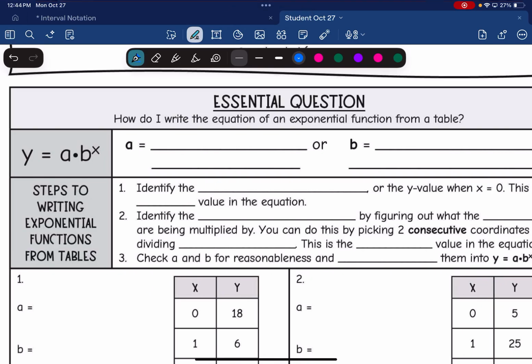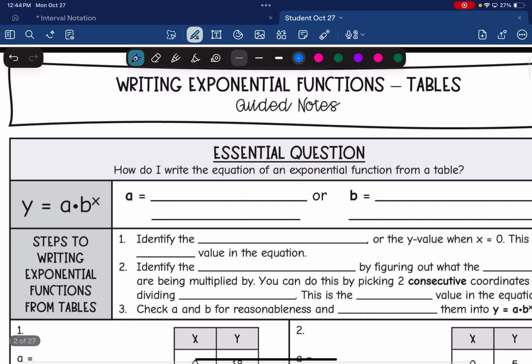So we just talked about what A is. A is our initial value.